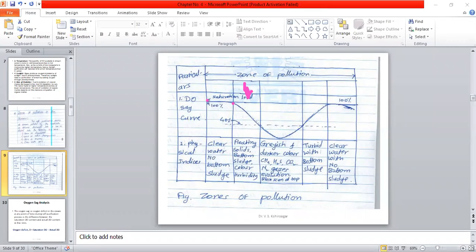But still some of the worms will keep on working with the available quantity of oxygen and will start decomposing the solid matters present in that sewage.